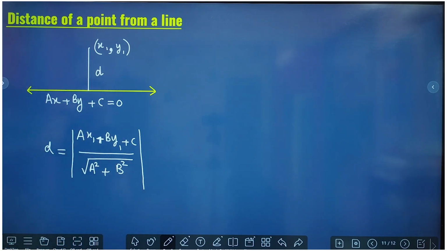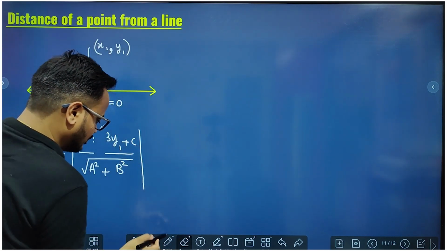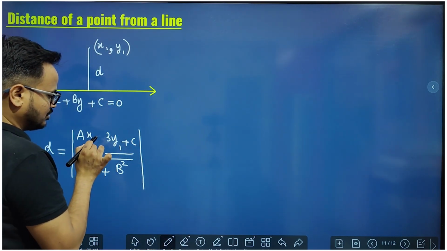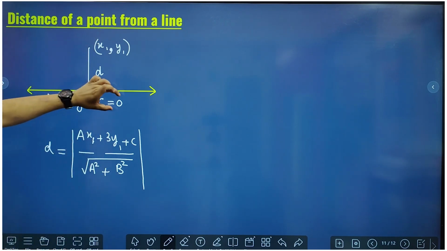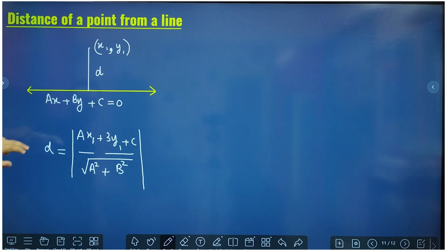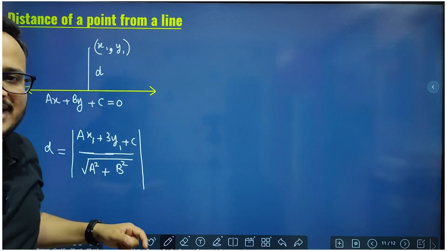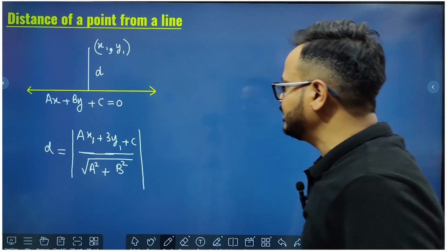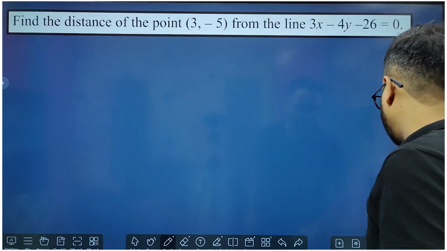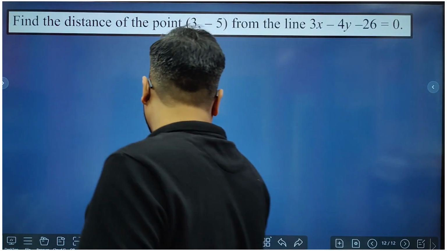So this is the formula. First you will put this point in this line in place of x and y, and you will divide the value by the square root of a squared plus b squared, where a is the coefficient of x in the line and b is the coefficient of y in the line.